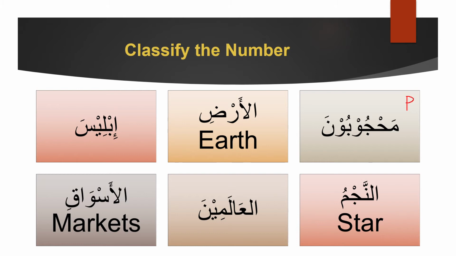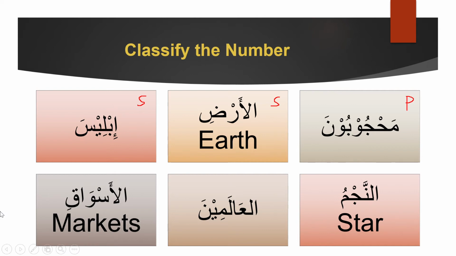Remember? Next, al-ardi. First of all, is this an ending combination or an ending sound? This is clearly an ending sound, which can be singular or broken plural. Ardi means earth. Earth is just one thing, right? So this is singular. Next, Iblisa. It's a name. Iblis, shaitan. Singular.